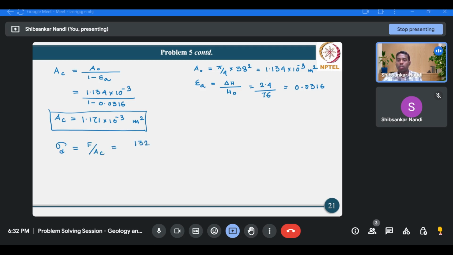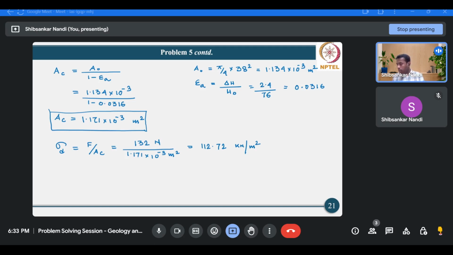It is 132 divided by 1.171 into 10 to the power minus 3. The force is in Newton and the corrected area is in meter square. So therefore it will be 112.72 kilonewton per meter square.